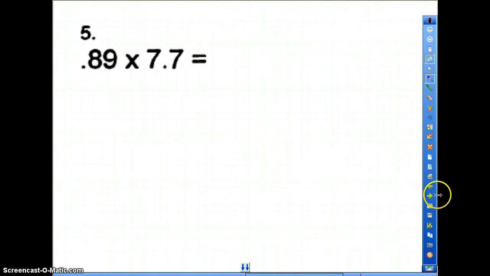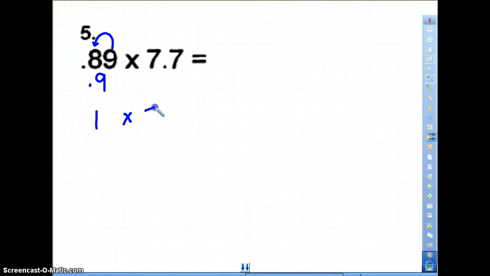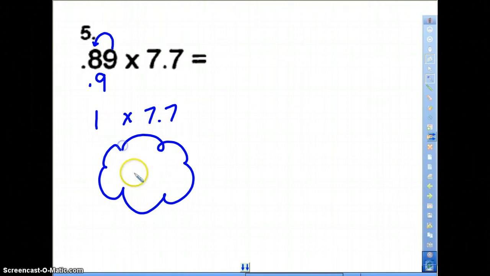Here's where things get a little more complicated. Now we're multiplying with decimals. And before we start, let's estimate, okay? 0.89, if you rounded this to the tenths place, that's 0.9. And if you rounded that a little farther, that becomes what? Yeah, you could call that 1 whole multiplied by 7.7, which gives us what for an estimate? Yeah, 7.7.